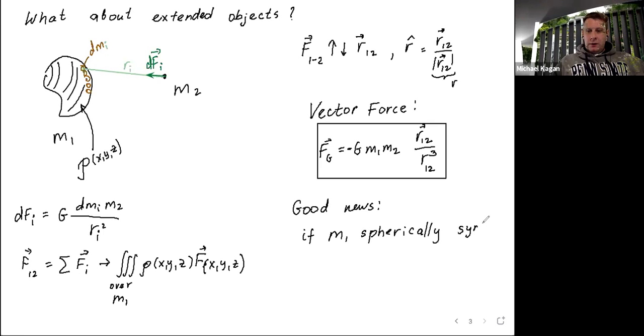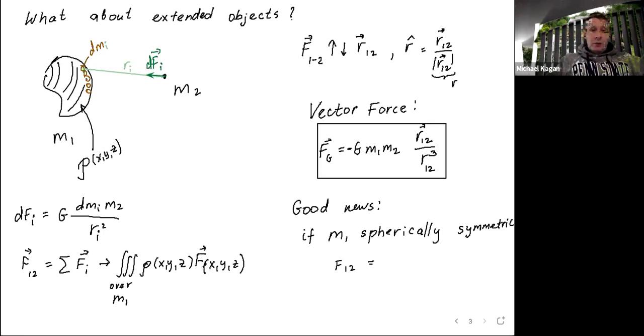The end result of this integration is very simple. The magnitude of the force from 1 on 2 is still exactly the same as if all of the mass of M1 was sitting at its center of mass. Okay, does that make sense, folks?